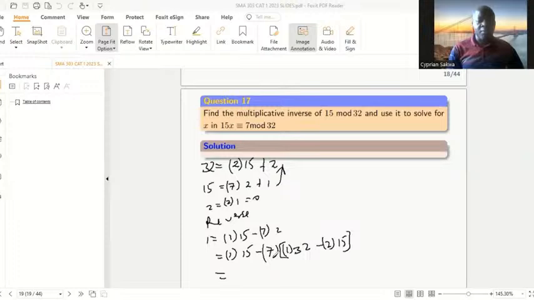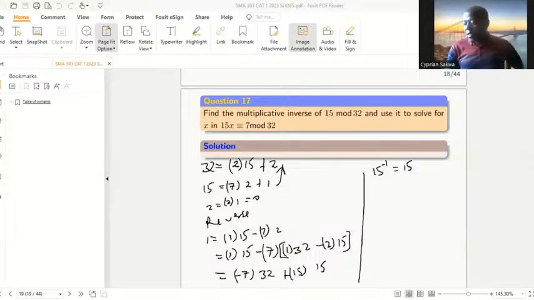We begin by removing this bracket, minus 7 times that 2. Minus 7 times that will be positive 14. Positive 14 plus that will be positive 15. So in other words, the inverse of 15 is 7.